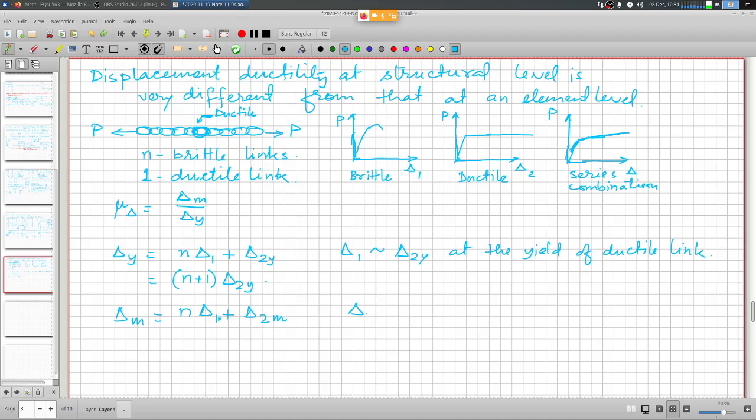So most of the deformation is here, and this deformation is almost the same as delta 1. I'll also say delta 1m is almost the same as delta 2y. It doesn't change much beyond the yield.